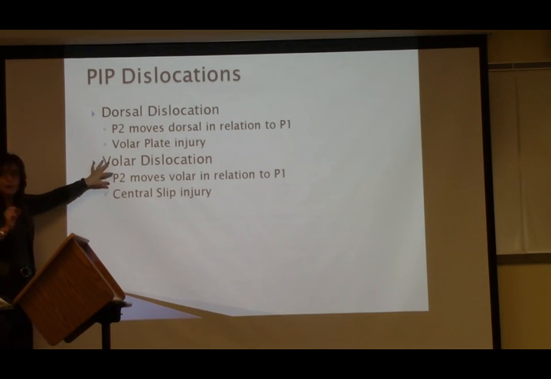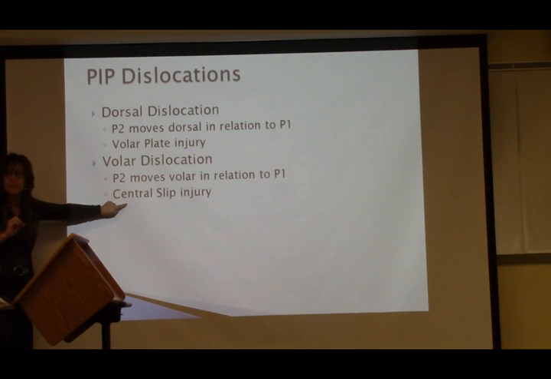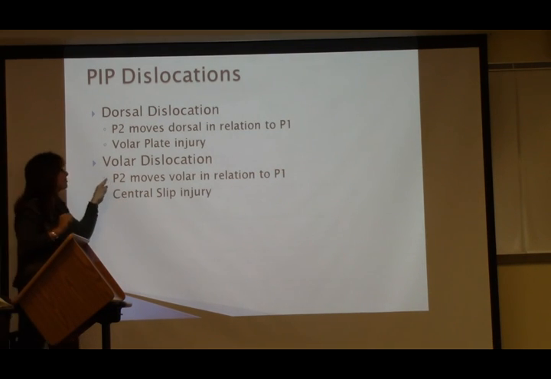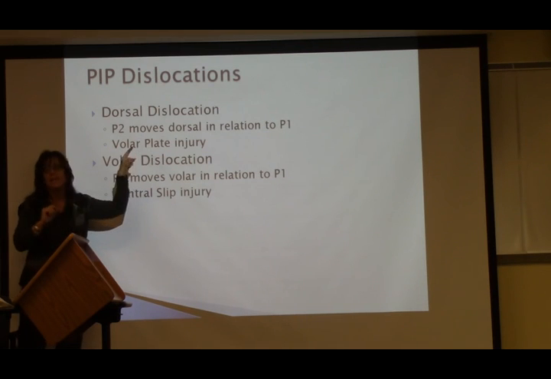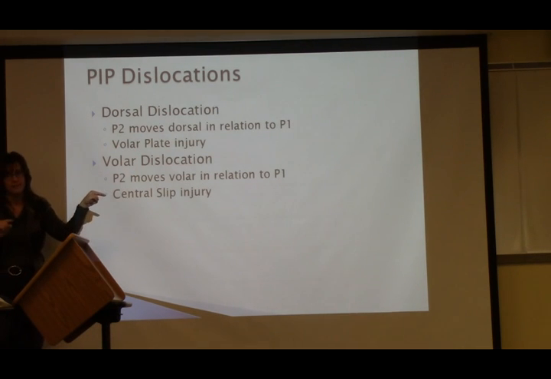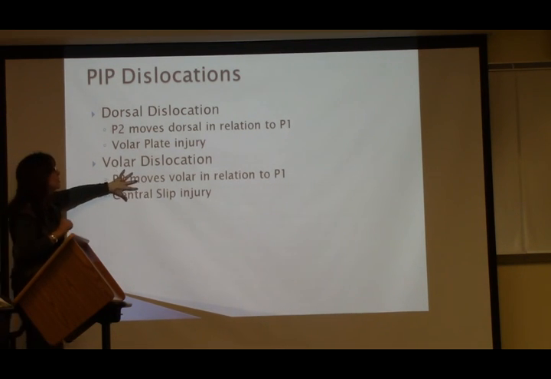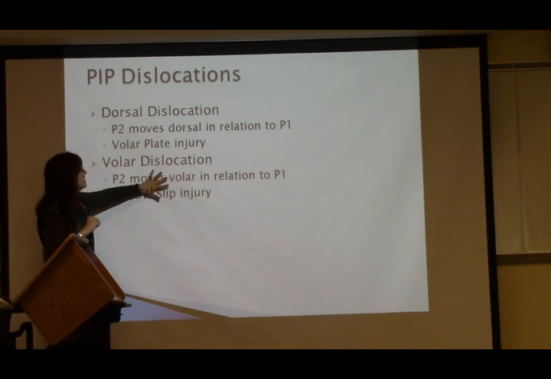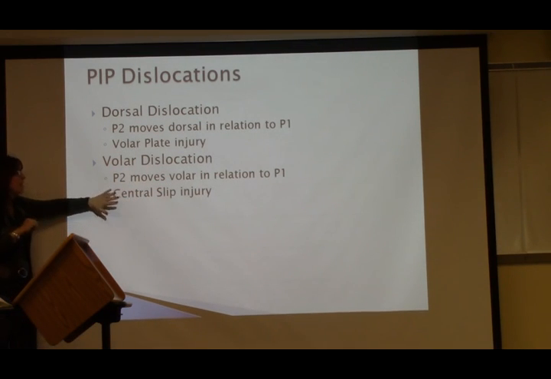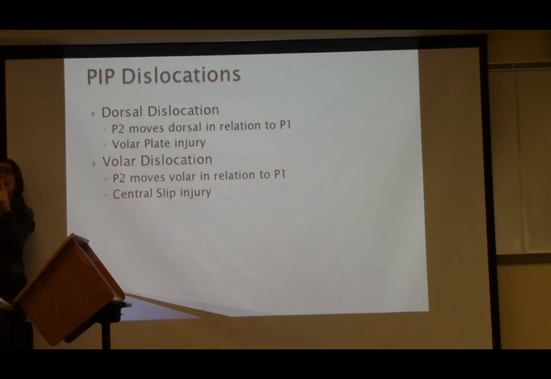If you have a volar dislocation, it's a central slip injury because, again, it describes P2 in relationship to P1. They move against each other, okay? So when P2 drops down volarly, that creates the avulsion of the central slip.